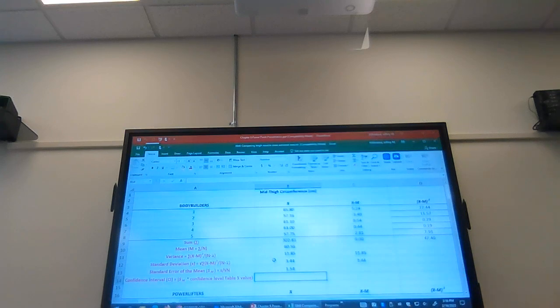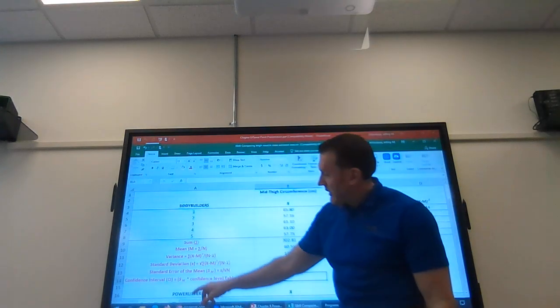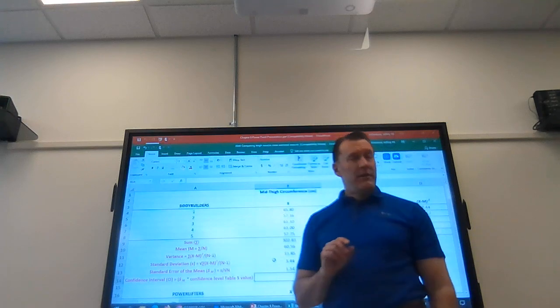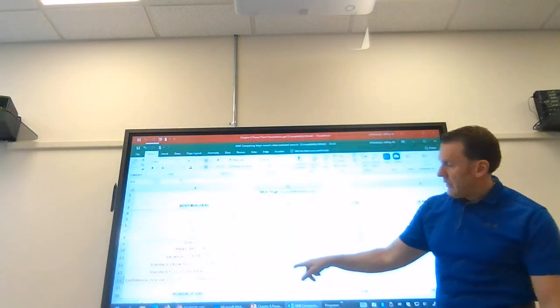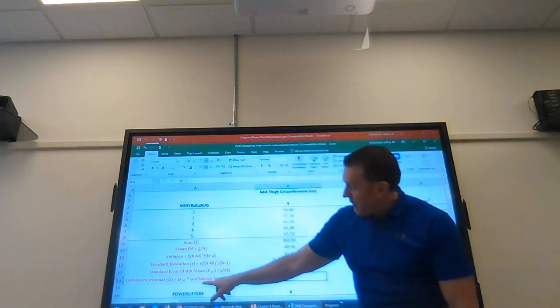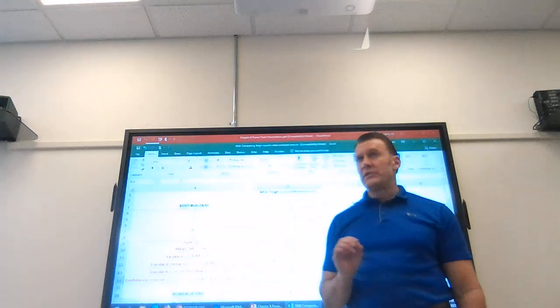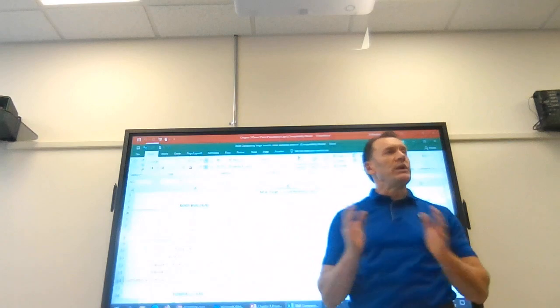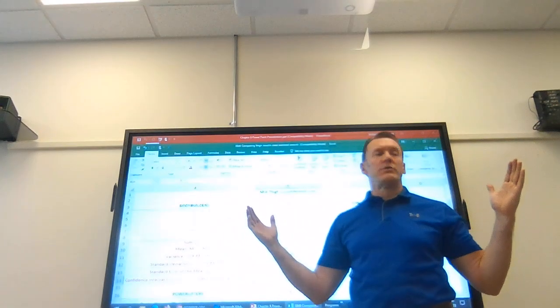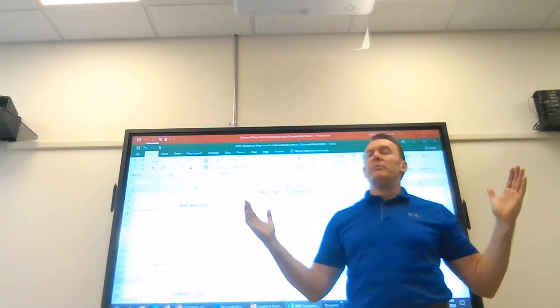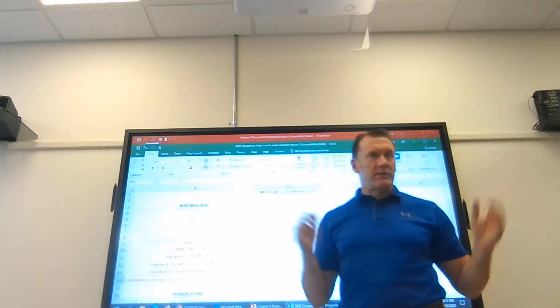Okay, so for the confidence interval, we need to take the standard error of the mean, which we already calculated, and multiply it by the confidence level from table 5. Let's just use 0.05, so I can live with 95% certainty that the population mean is within these limits.